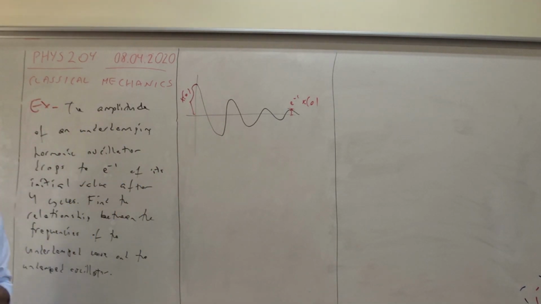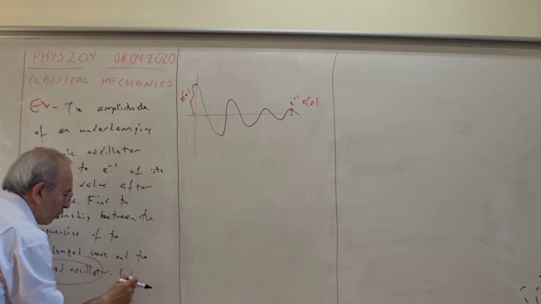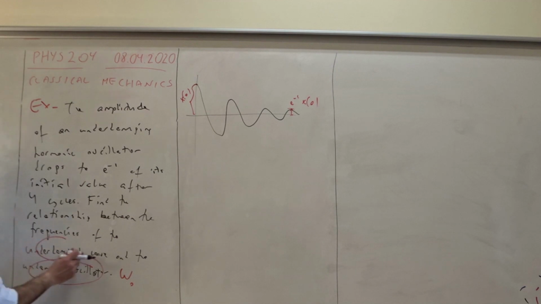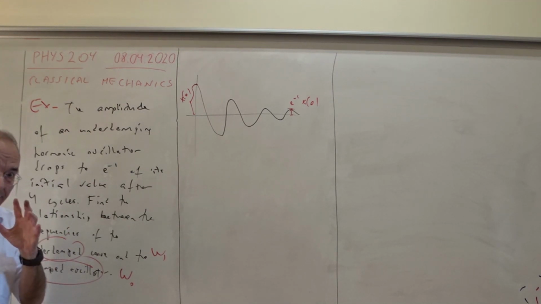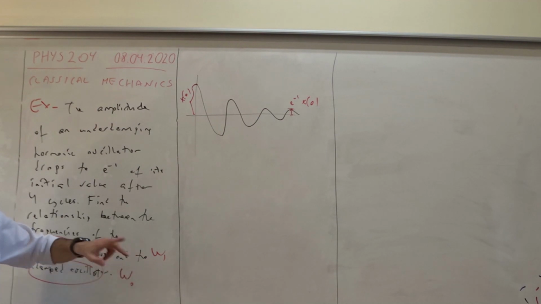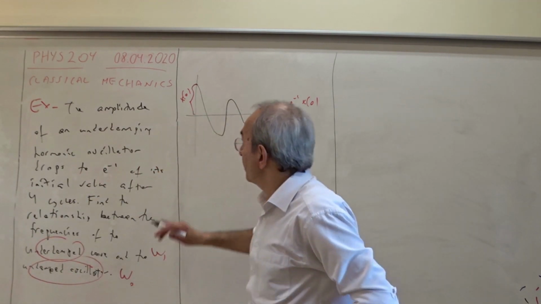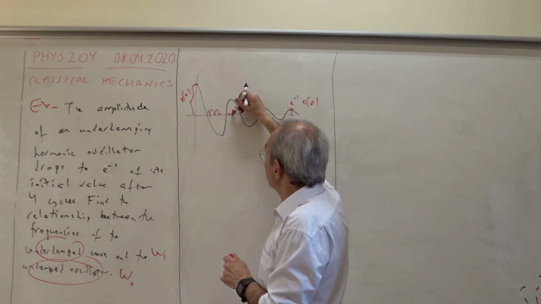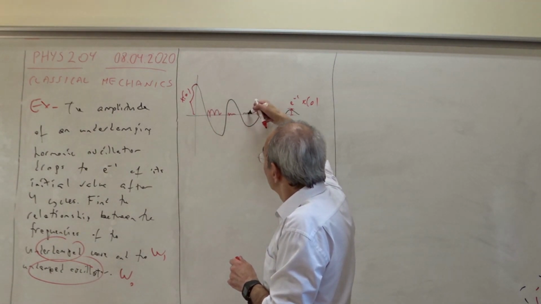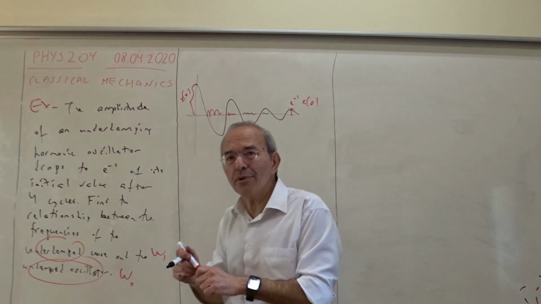So this is roughly 37% of the initial case. This piece of information is given, and we will find the relationship between the frequency of the undamped oscillator, which is omega 0, and the frequency of the underdamped case, which is omega 1. Of course, it is not perfectly valid to say that omega 1 is a frequency, because as you look at the underdamped case, these lengths are not of the same length.